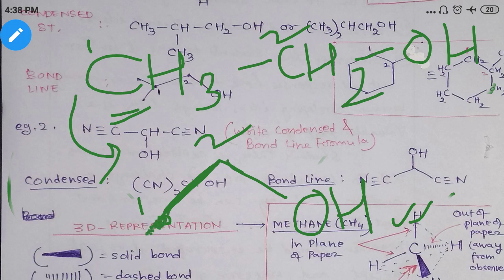I have already told you that in bond line formula you need not show the carbon or the hydrogens, okay? Similarly, in carbon number 2, you know how many hydrogens are there?